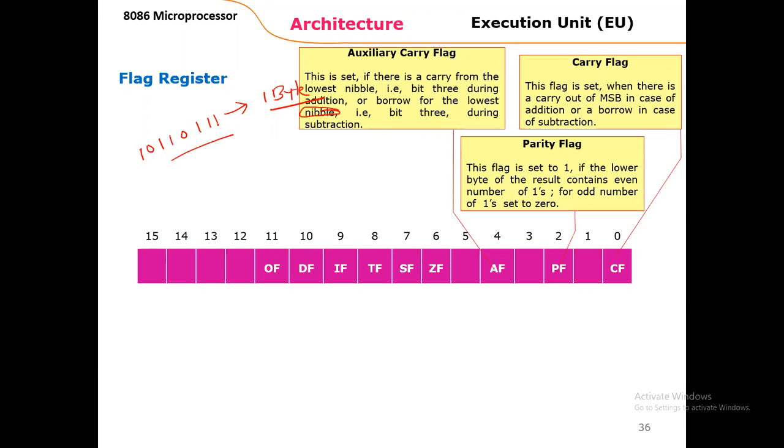The total number of 8 bits is called 1 byte, and this 4 bit is called a nibble. So this is a carry from the lowest nibble. After a 4 bit carry or 4 bit borrow, this is called the auxiliary flag.